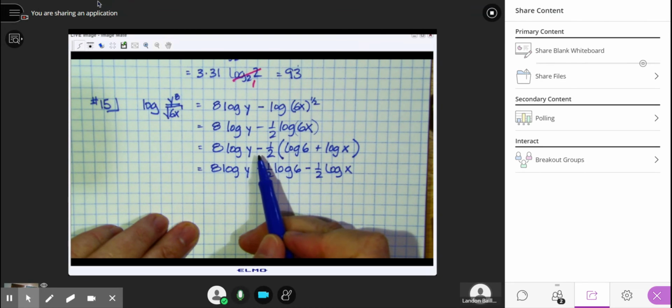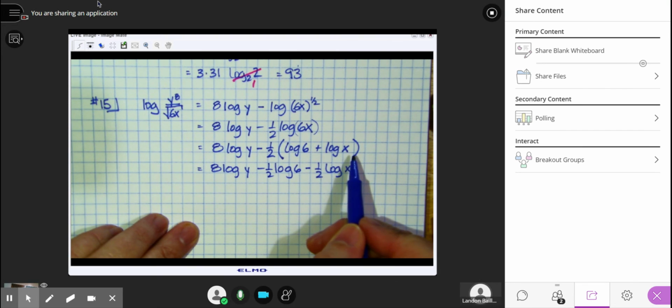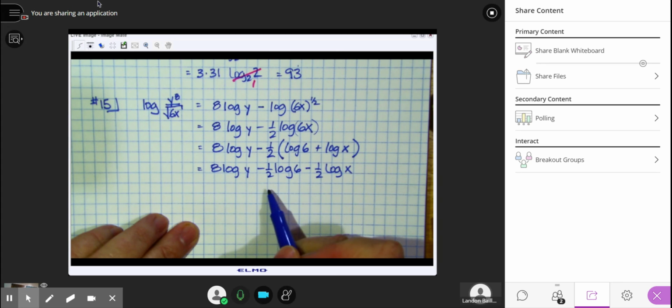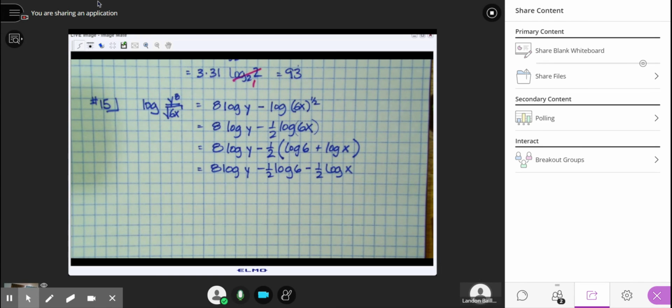Now that minus 1/2 is going to go to both the log 6 and to the log x. Do you see how that has to get distributed then? Yeah, it's a very small detail, but it really will mess up your answer.